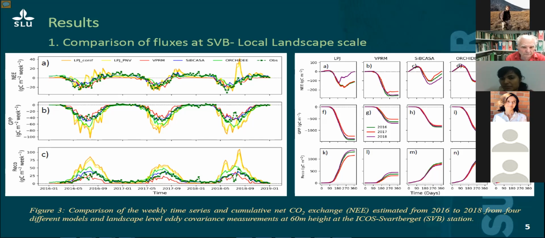But instead, for the Svartberget station, 2017 had a lesser CO2 uptake even compared to 2018 and also to 2016. And that feature is not only noted in the observation, it is captured by most of the models except LPJ-GUESS. And this LPJ-GUESS behavior is due to the anomalous peak that we have seen in 2018.